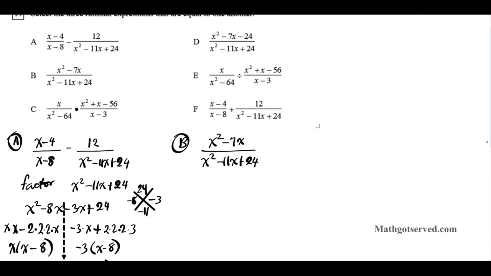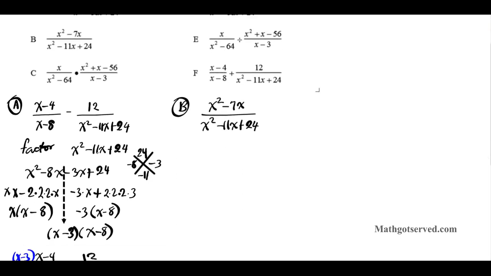So let's go ahead and factor the denominator. But wait a minute, we have already factored x squared minus 11x plus 24 in question A. We know it's x minus 3 times x minus 8. So this is equal to x squared minus 7x over x minus 3 times x minus 8. Okay, so that goes the answer for that.